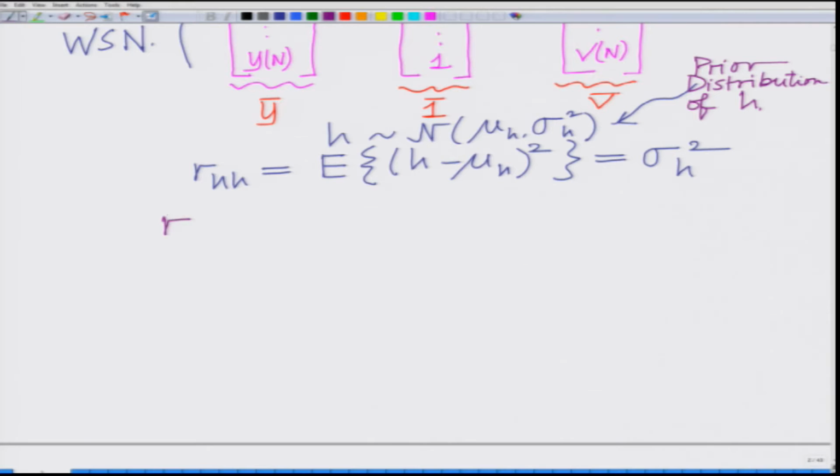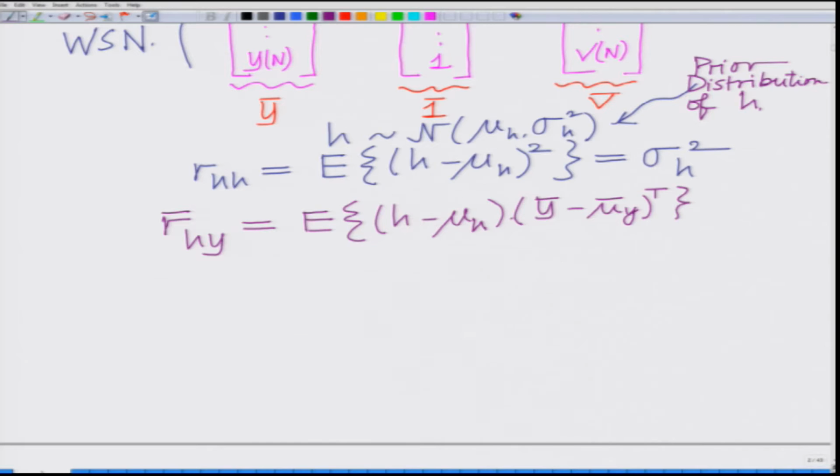Further, we have r bar h y, which is going to be a vector. It is the expected value of h minus mu h times y bar minus mu bar y transpose.